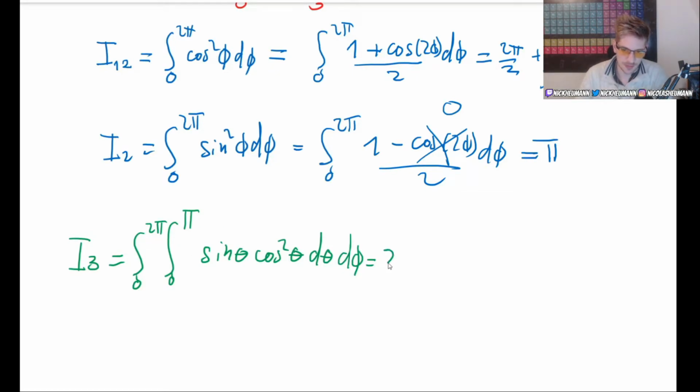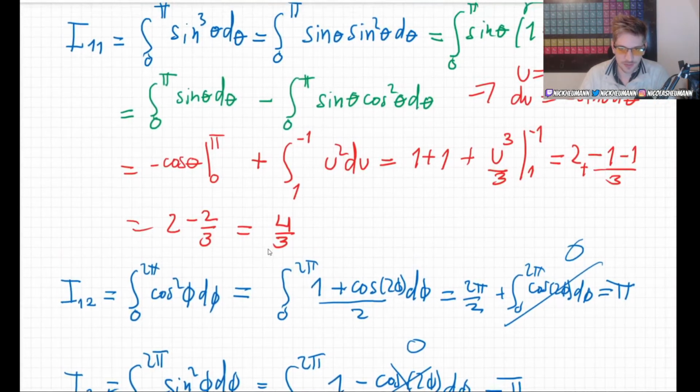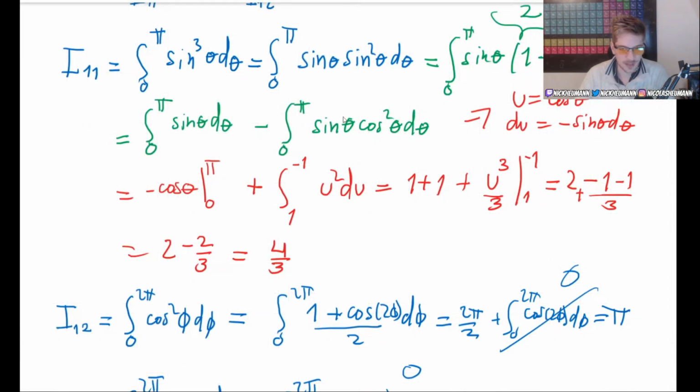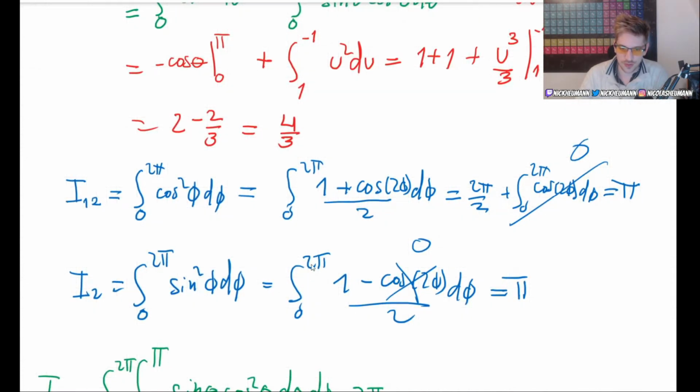It's simply going to be 2 pi, right? There's nothing to integrate there. It's just 1. And then we have sine theta cosine squared. But that is an integral that we already solved. If we go back a little bit, it should be here. There it is. It's right there. So what was that result? It was minus 2. Actually, it was plus 2/3 because the minus sign was already outside, I believe. Yes. So it is 2/3.